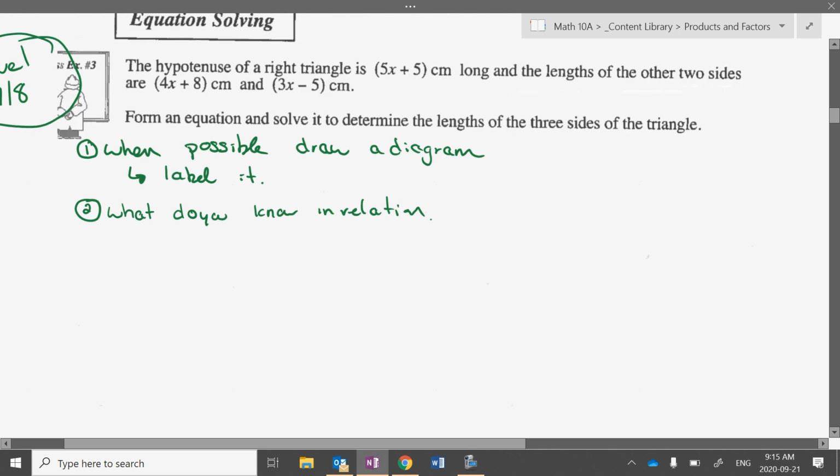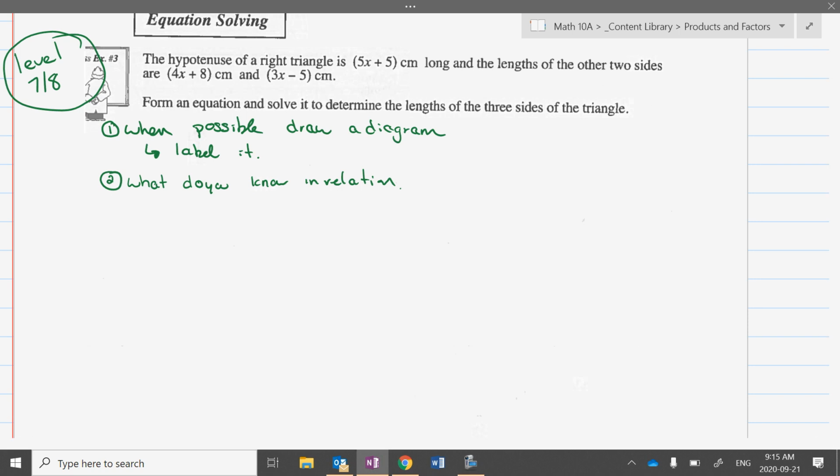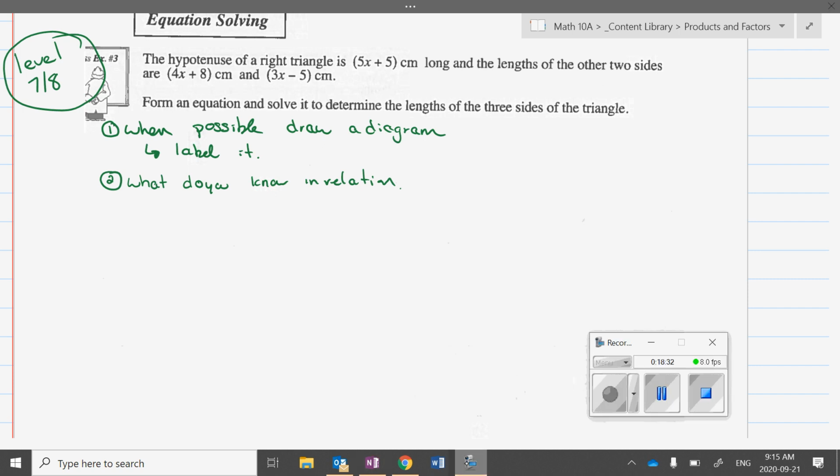Okay, I want you to try this one. I will take it up, but I want to give you guys some time to try it. Say you try it and you get it, awesome. You can move on to the practice questions for today, which I'll post in just a second. At the end of the day in this question, you're coming up with a value. So you're going to tell me in how many centimeters each side of this triangle is. Okay, go, try, think hard.